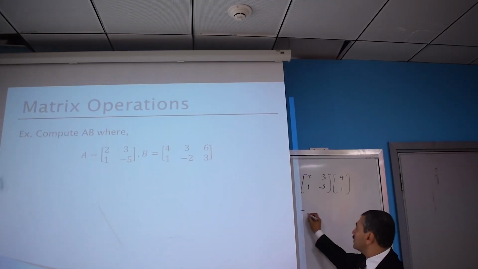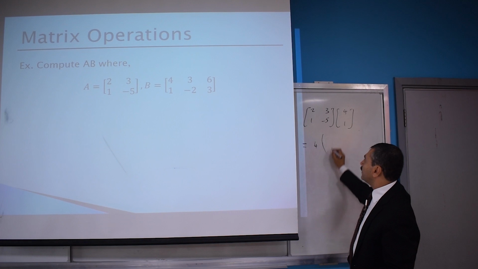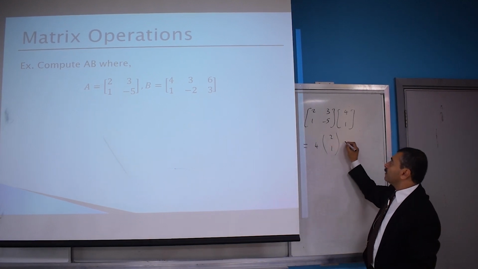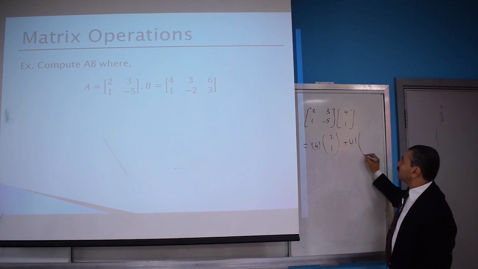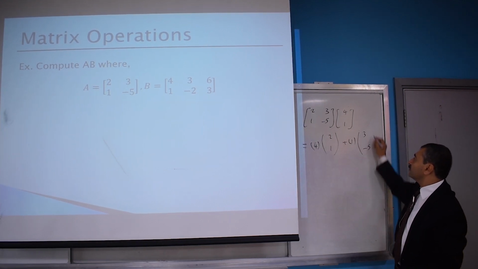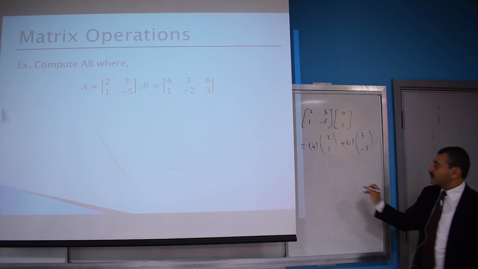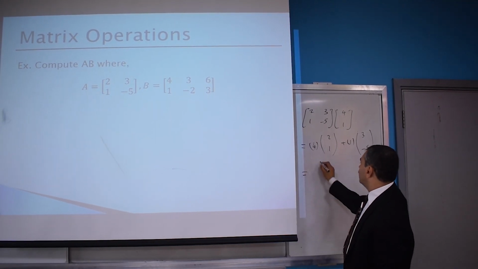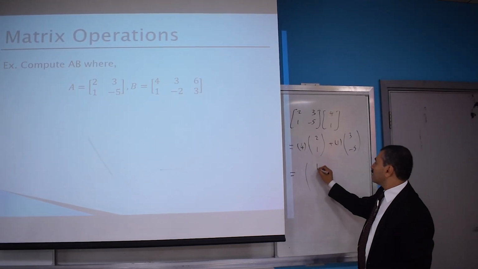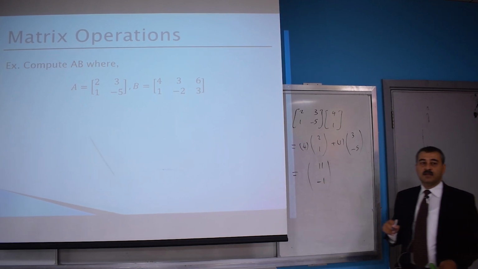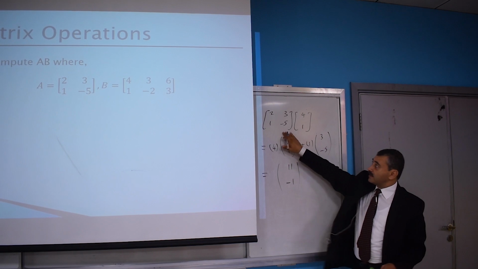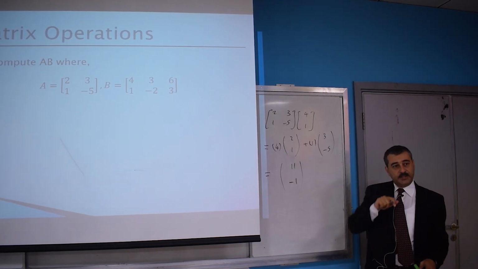So this is 4 times the first column plus 1 times the second column, right? Which is going to be 8 plus 3, which is 11, and 4 minus 5, which is negative 1. So this is how to do matrix-vector multiplication.